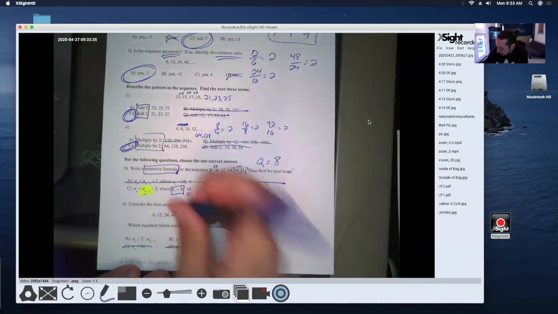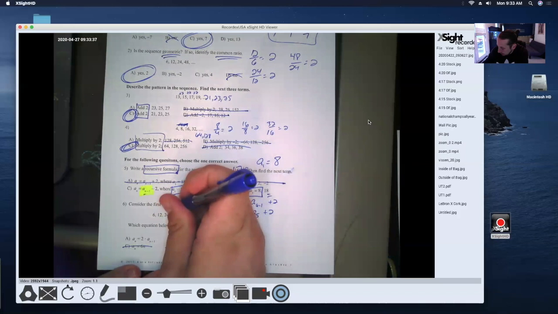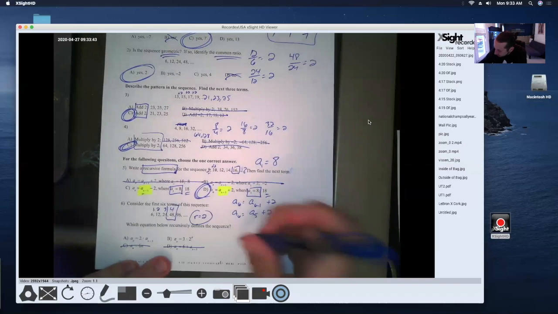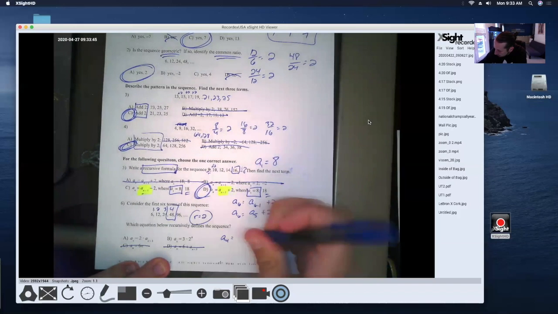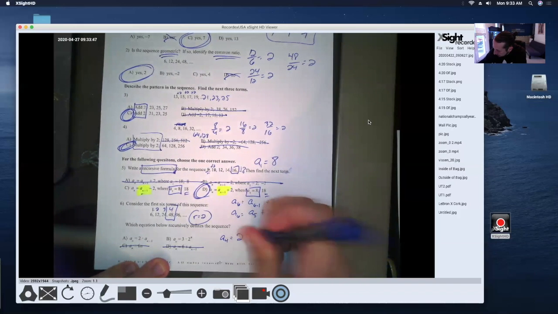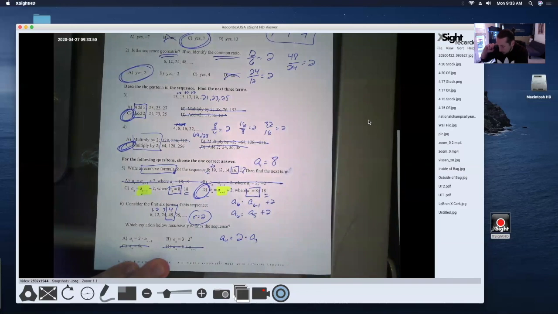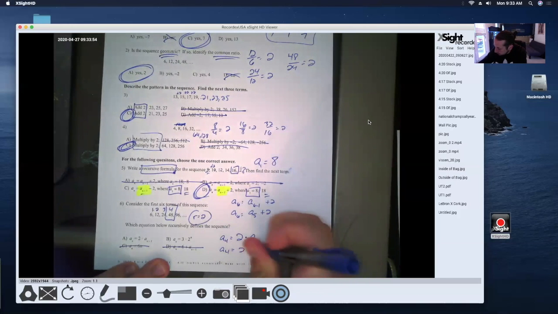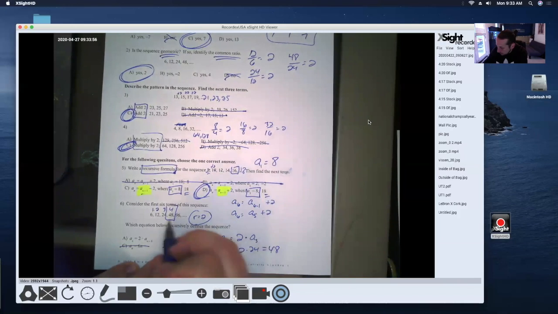If I want to find out my 4th term, A4, I'm going to do 2 times A3. Well, we know A3 is 24. So does that work? A4 equals 2 times 24, which equals 48. And that's what we got.